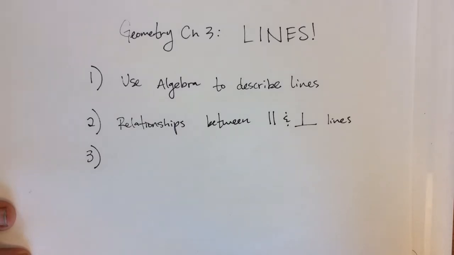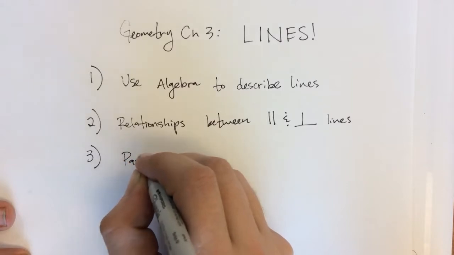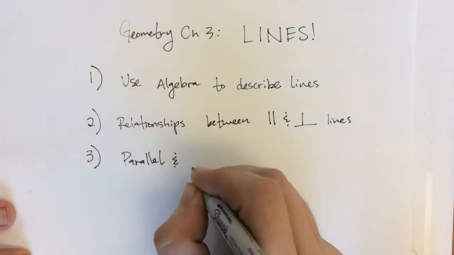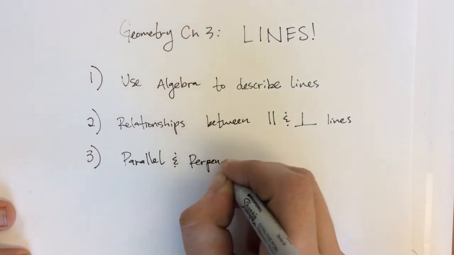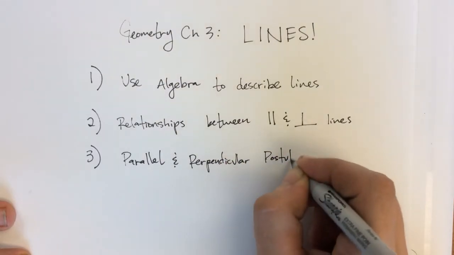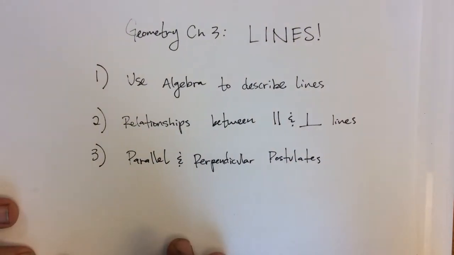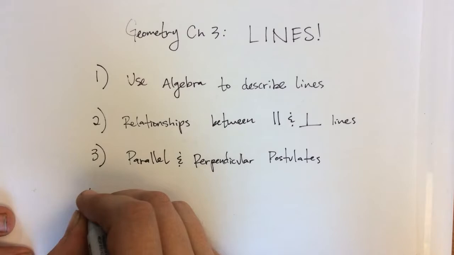Goal number 3. I want to demonstrate to you the parallel and perpendicular postulates, which you will find in the beginning of Chapter 3. I will demonstrate those to you using algebra.